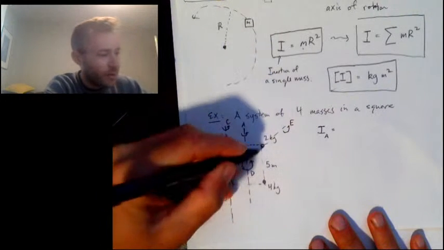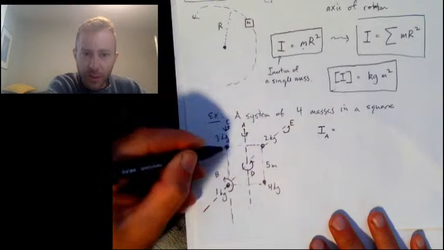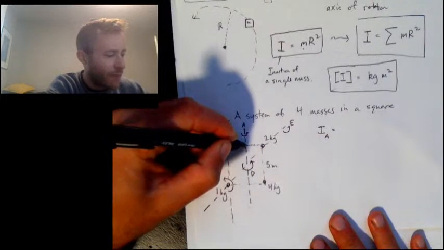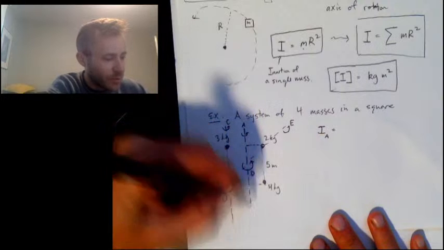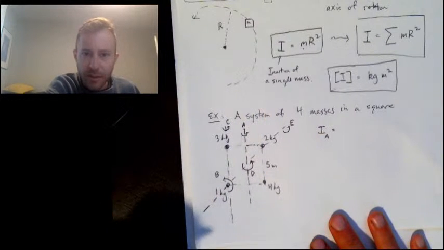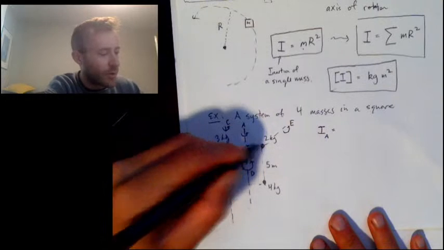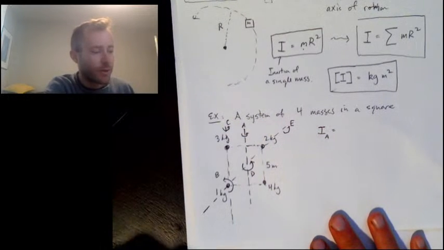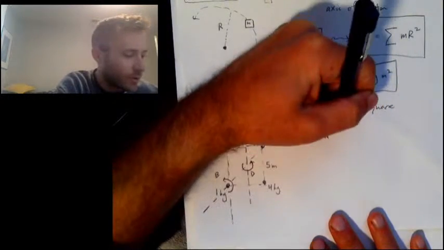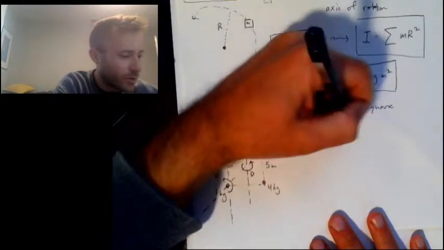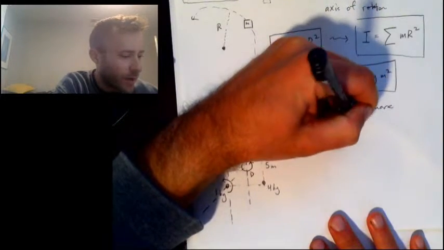Well, the entire side length of the square is 5 meters. So halfway from the center to the side is going to be 2.5 meters. So this 2 kilogram mass is 2.5 meters from the axis of rotation. So its inertia is going to be 2 times 2.5 squared.